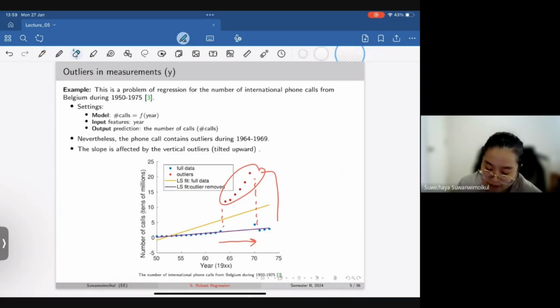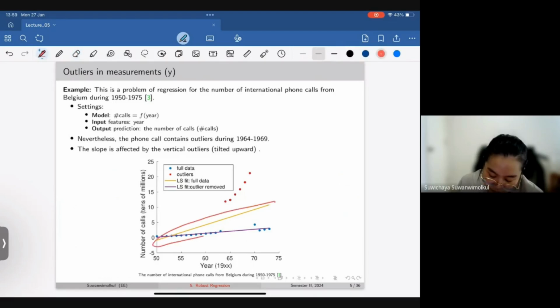What would happen is that we end up with a linear mapping such as this one that was somewhat pulled up by these outlier samples, when in fact if we can remove these outliers, the mapping should look like this red line.